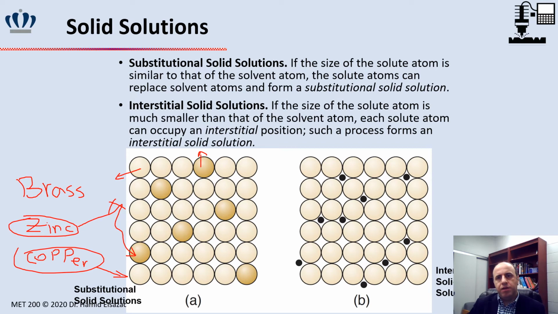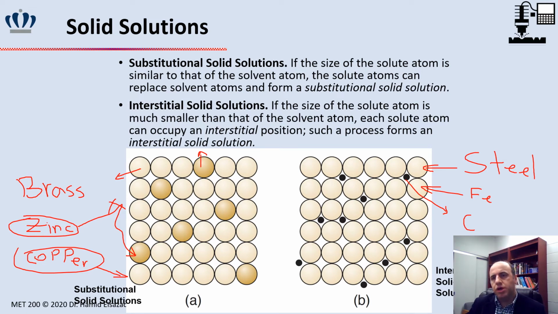A good example is steel. In steel, we have iron, Fe, and these are small particles of carbon.